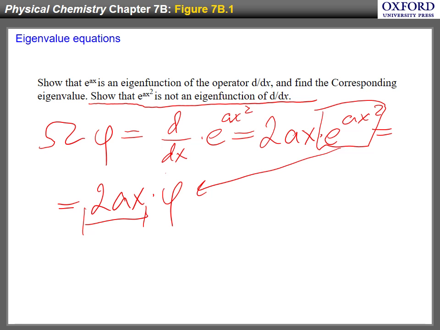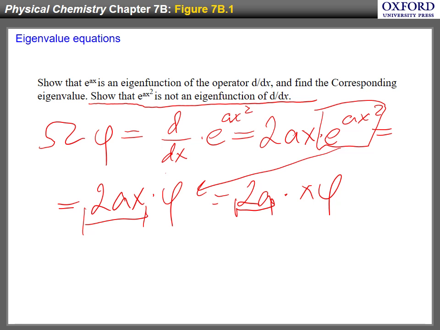And even if we rewrite this in a constant form, 2a times x phi, our constant is by a factor of 2 different. So we can clearly say that this is not an eigenfunction of d/dx.